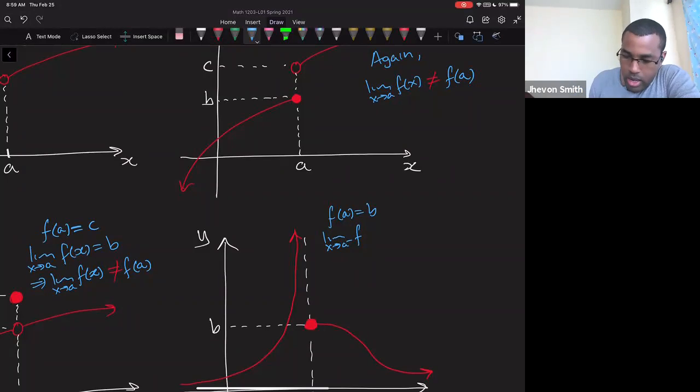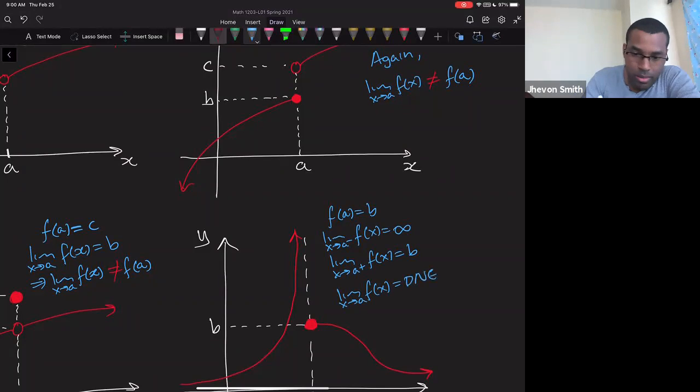Okay, so here, if we look at it, as we're coming from the left, it's infinity. If we look at the limit coming from the right, it's b. So obviously, the limit as x approaches a of f of x does not exist. And obviously, that means it's not equal to f of a.